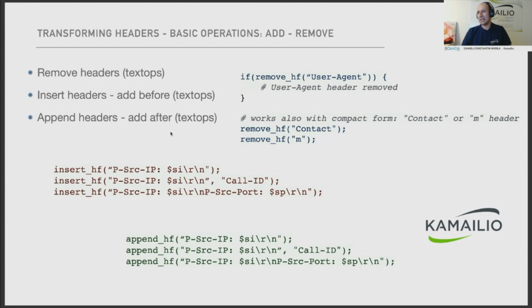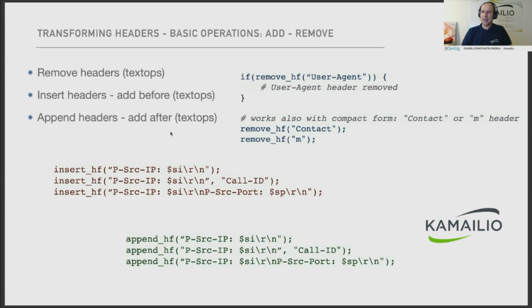Or we want to add it in front of the Call-ID header, an existing header in the incoming request, or could also be the reply. It's working for both of them. You can add many headers at the same time. You just have to separate them by the end of the header, in the SIP spec this is \r\n CRLF. You have the example with 2 headers, P-Source-IP and P-Source-Port.